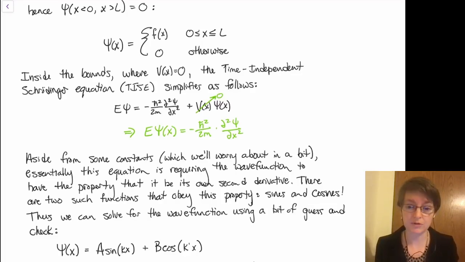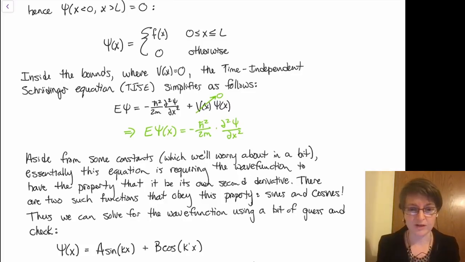And so the most general form that I can give of what the wave function could look like is a sine of kx plus b cosine of k prime x, where a, b, k, and k prime are all constants, but potentially they could be different constants. I don't really know yet.